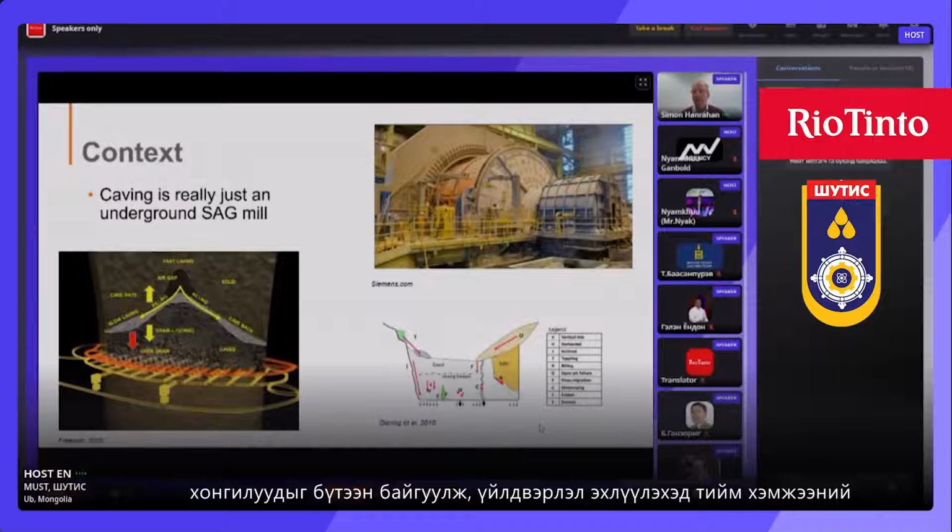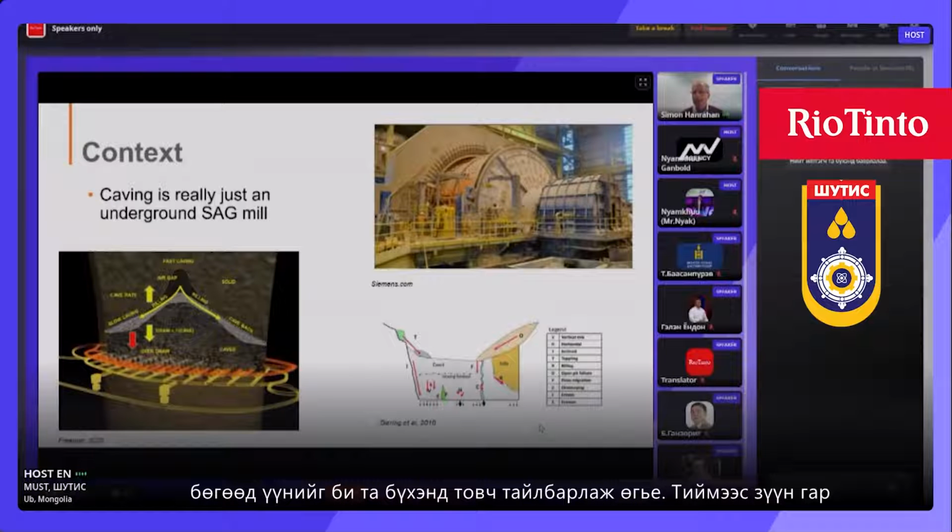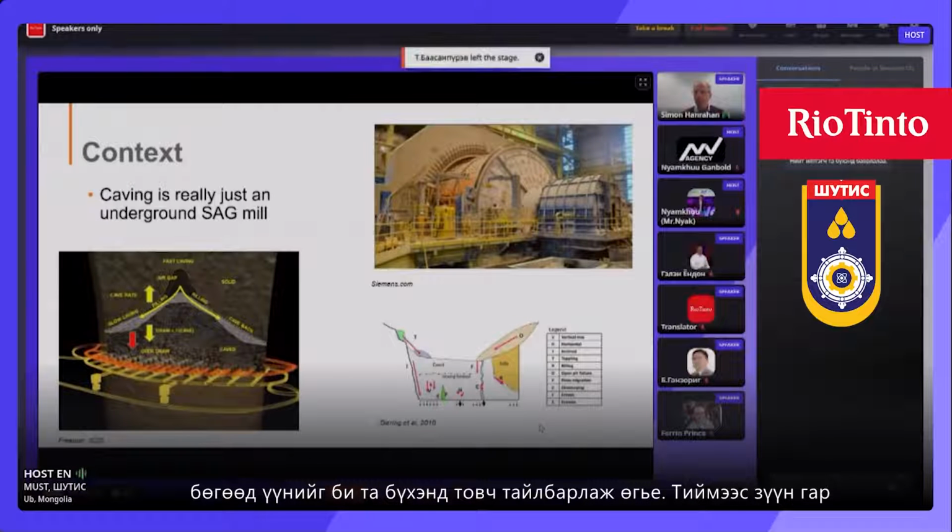However, it's a little more complex within the cave, because if we look at the figure in the bottom right-hand corner, we can see the typical mechanisms of flow that are involved in a cave.